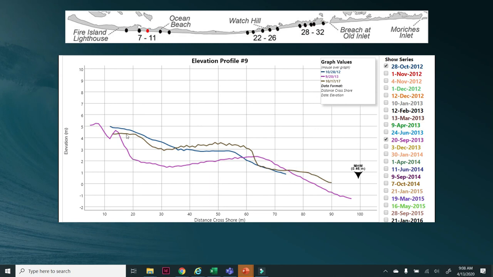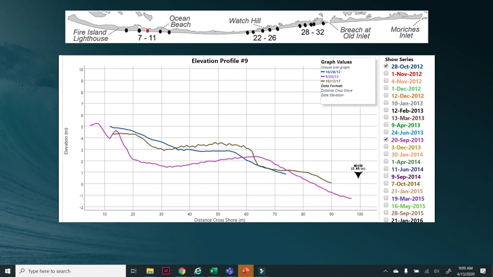But then this brown right here, this is the most recent one that they did. This is from 2017. So this is October of 2017. And so this is 5 years later. And you can actually see that this blue profile and this brown profile really aren't very different. So over the course of 5 years, we've had the beach rebuilt.